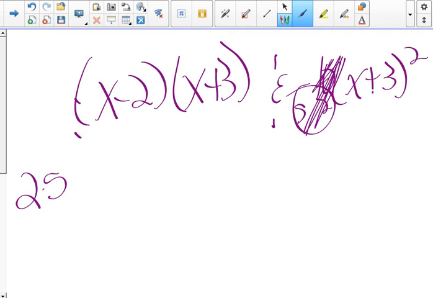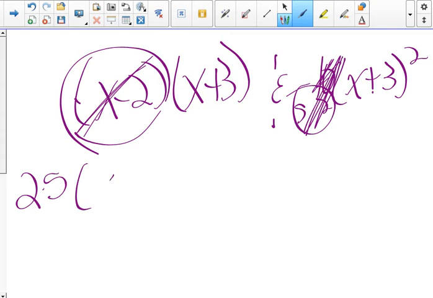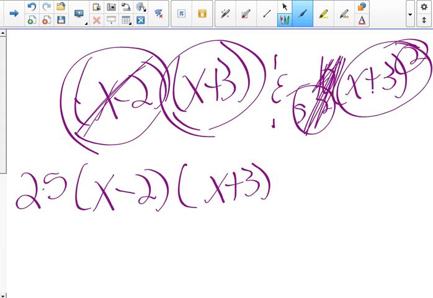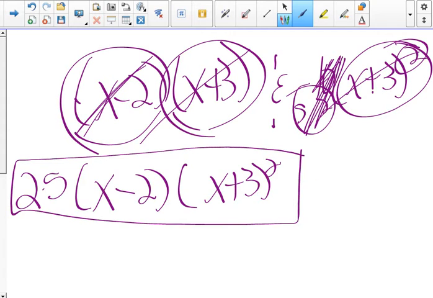Now let's go to x minus 2. I don't have another one of those, so he goes x minus 2. And I've got an x plus 3 and an x plus 3 squared. So my squared goes, the highest power. Okay? And that's your answer. Like I said, too stinking easy. There was no factoring. That was not a challenge.